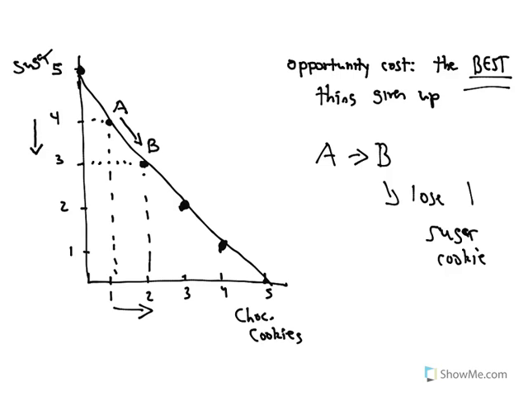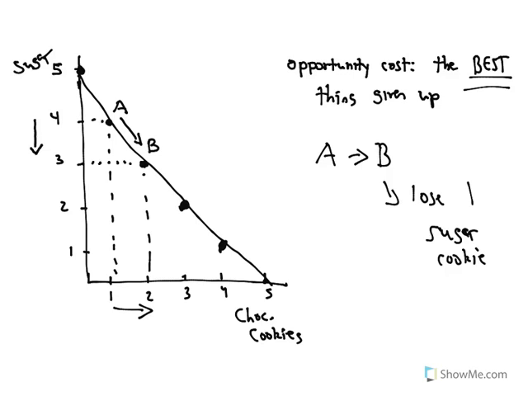And it's also important to understand here that the PPC actually is modeling scarcity. We talked about in a previous video how scarcity is the idea we have limited resources, in this case fixed resources, but unlimited wants. We would love to make as many chocolate chip and sugar cookies as we can. We would love to make 20 sugar and 50 chocolate chip maybe, but we can't.